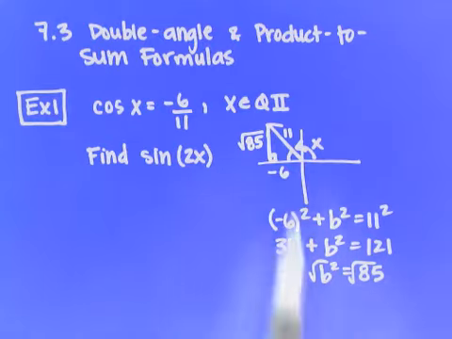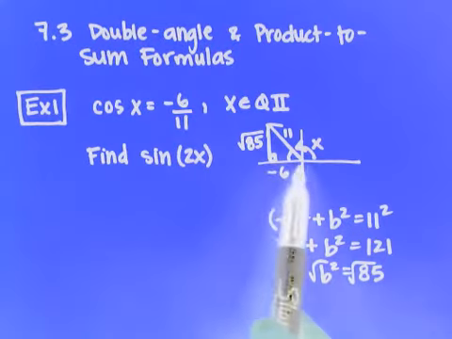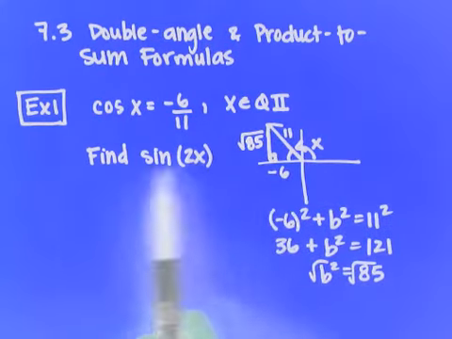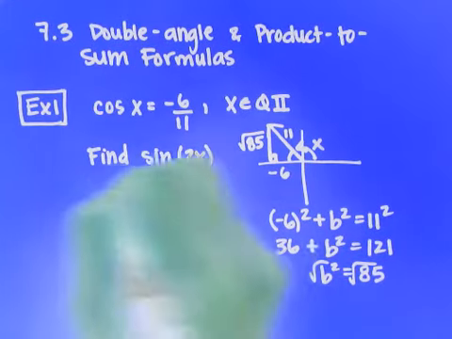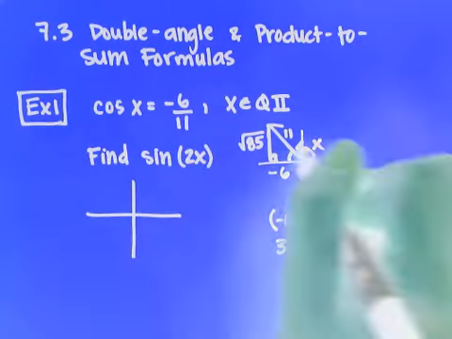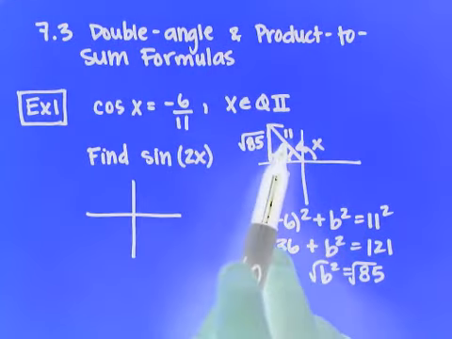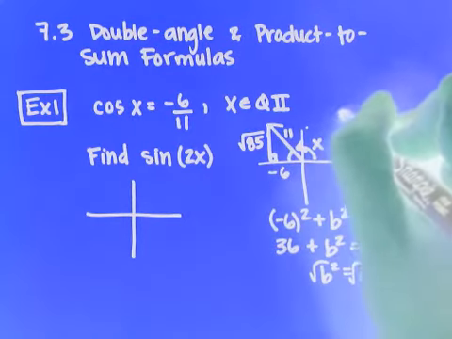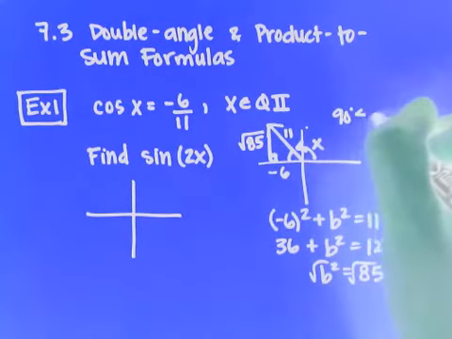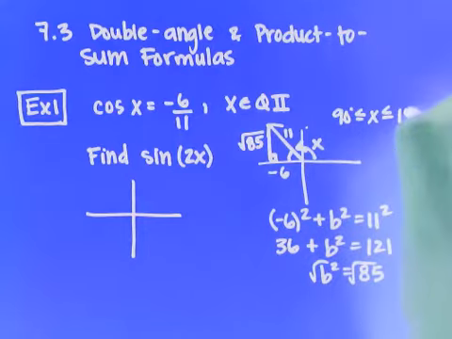So now I've got my triangle. Notice it's in quadrant 2. And I want to find the sine of 2 times x, which means I'm going to be doubling whatever this initial angle was. If I double an angle in quadrant 2, this angle was originally between 90 degrees and 180 degrees.